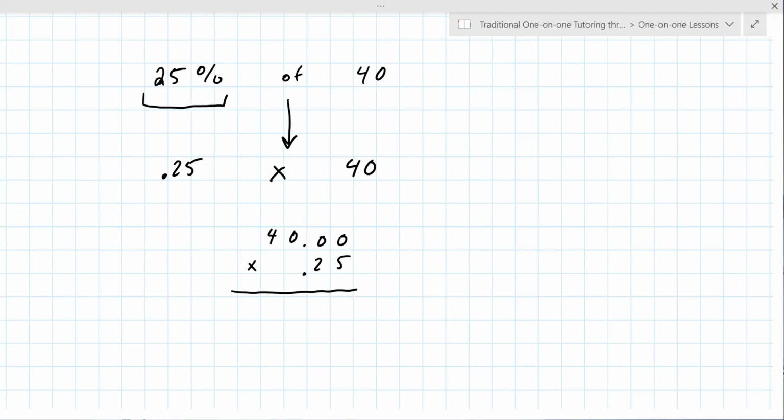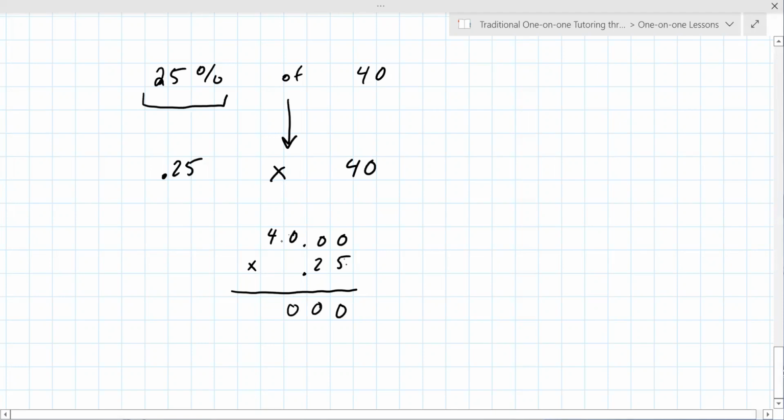No, this is definitely not right. It's really not too bad because most of the answers are 0. 5 times 0 is 0, 5 times the next 0 is 0, 5 times the third 0 is 0, 5 times 4 is 20. Then you add a 0 for the tens place, and you go 2 times 0, 2 times 0, 2 times 0, 2 times 4. That's what I got.